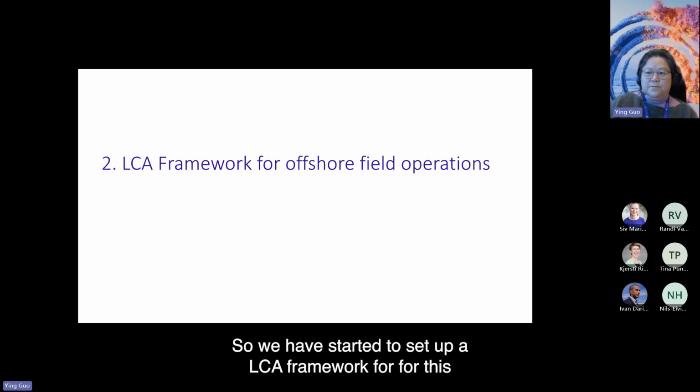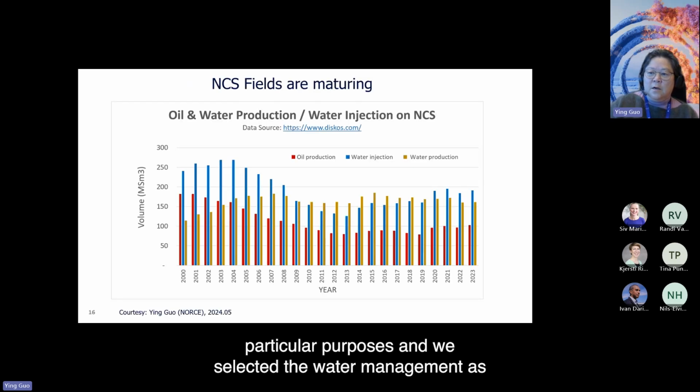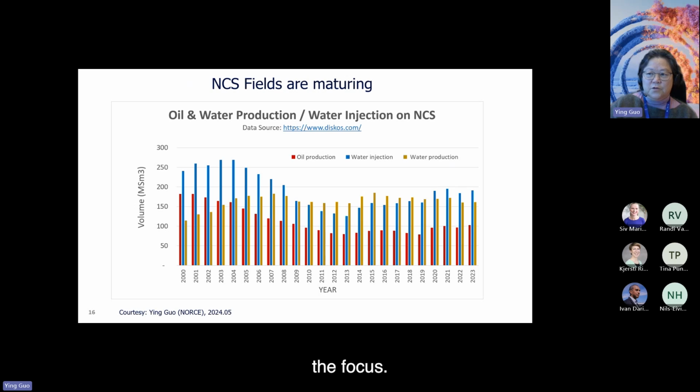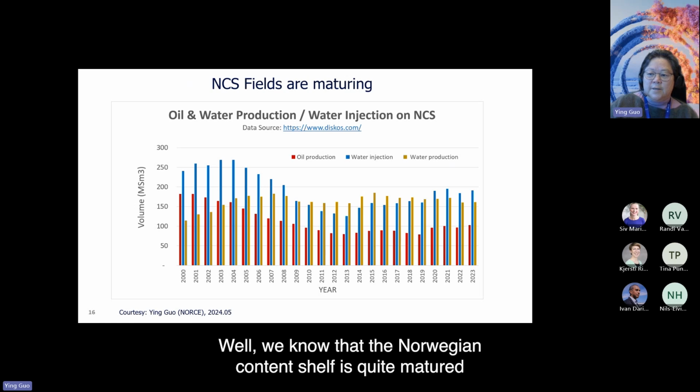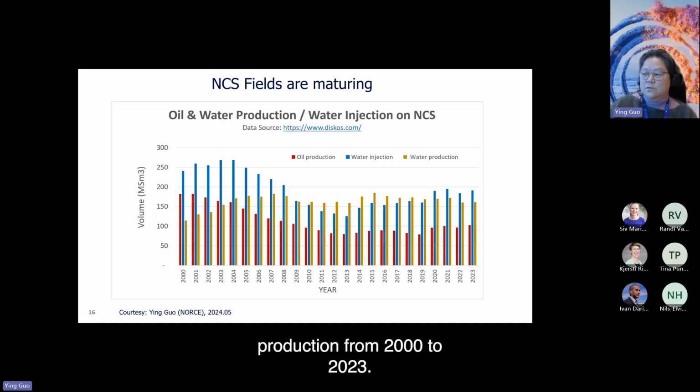So we have started to set up an LCA framework for this particular purpose, and we selected water management as the focus. So why is this area interesting? Well, we know that the Norwegian continental shelf is quite matured, and from this figure you can see that the red bars are the oil production from 2000 till 2023.